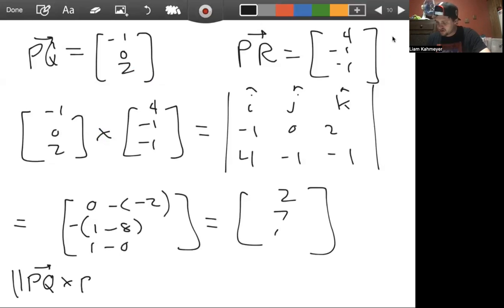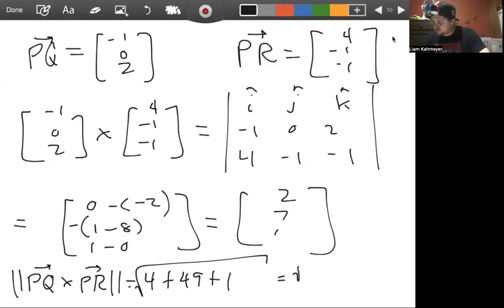Magnitude PQ cross PR is given by root, and I'll go ahead and square these. So we have 4 plus 49 plus 1, which is root 54.